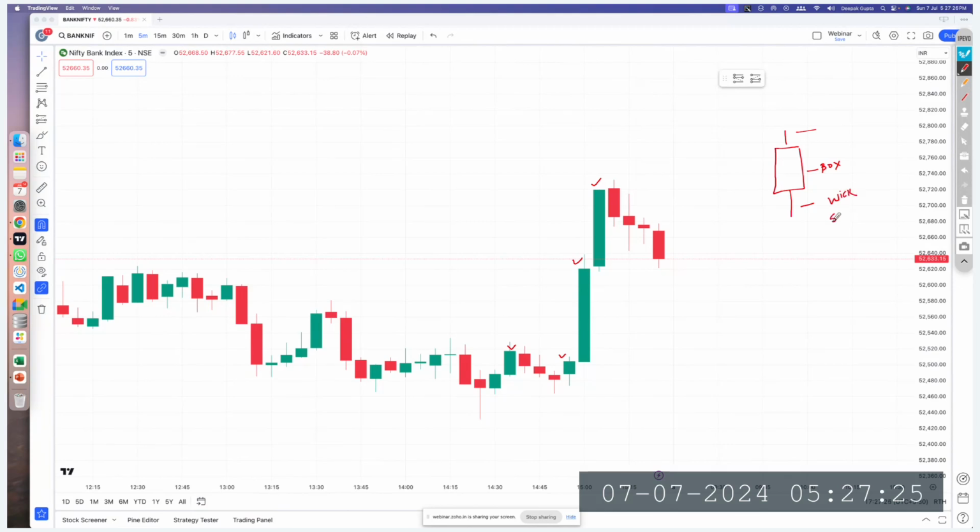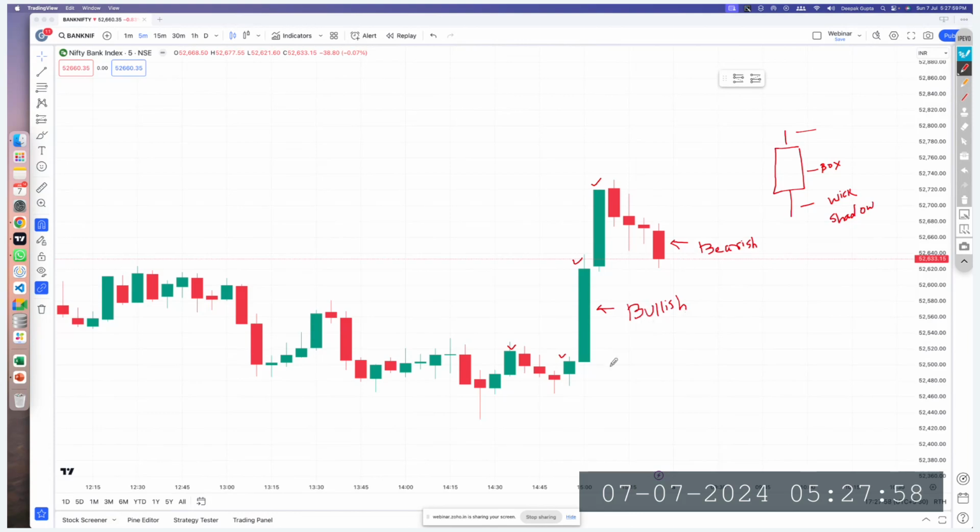You can also call them shadows. A green candle, as it seems, indicates a bullish movement. Bullish movement means the prices went up. And a red candle indicates a bearish movement. That means the prices went down.